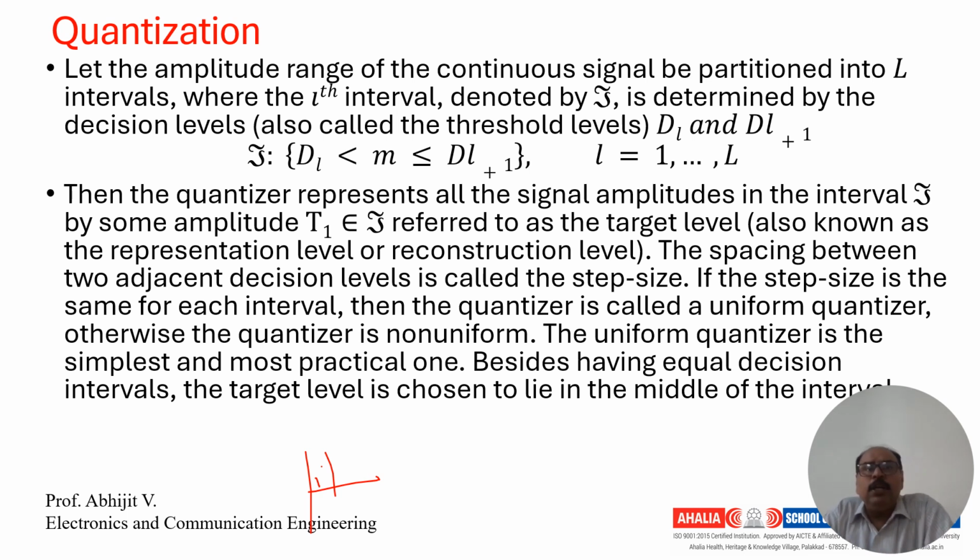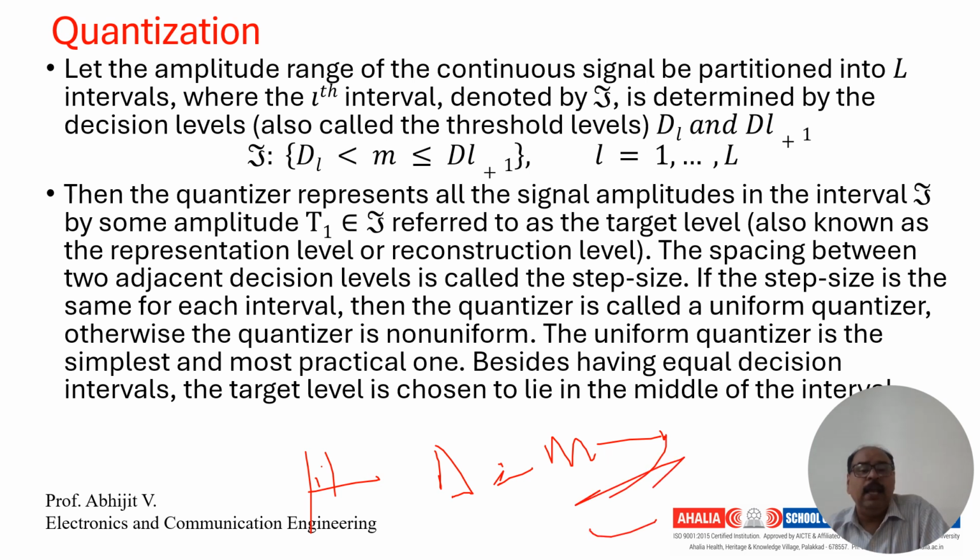That means each quantized point is represented as an element of the entire interval of quantization levels. This is also known as the representation level or reconstruction level. The spacing between two adjacent decision levels is called the step size delta, and the delta value is (max minus min) by L.